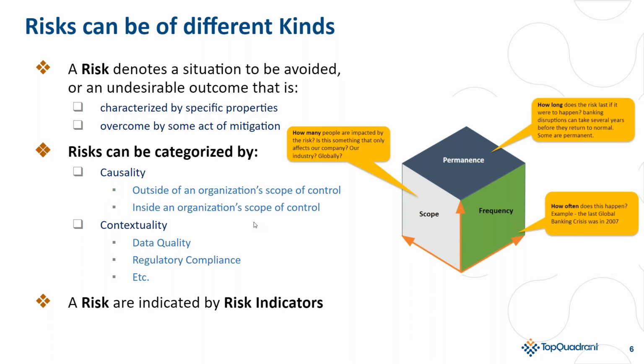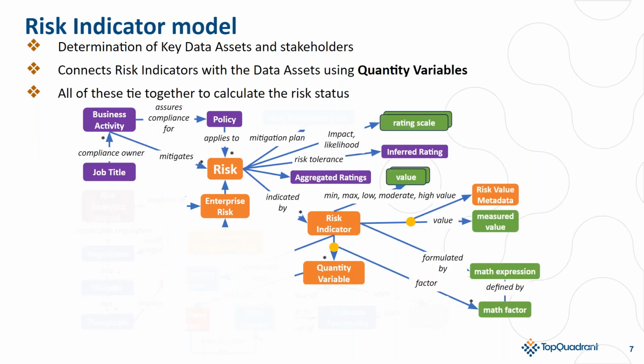Frequency is how often we see these risks within our organization. For example, the last global banking crisis was in 2007. And then permanence is how long it actually lasts before it goes to a state of normalcy.